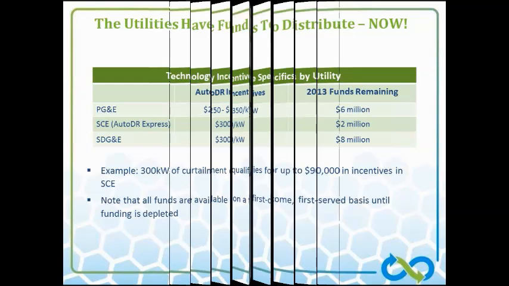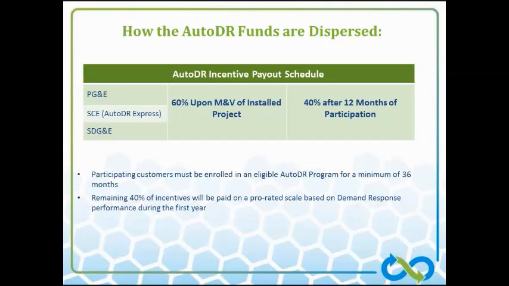So the way that the AutoDR funds are dispersed is what's called a 60-40 payout schedule.